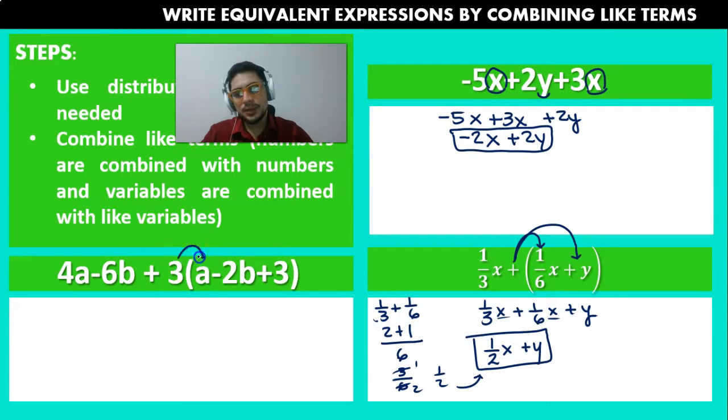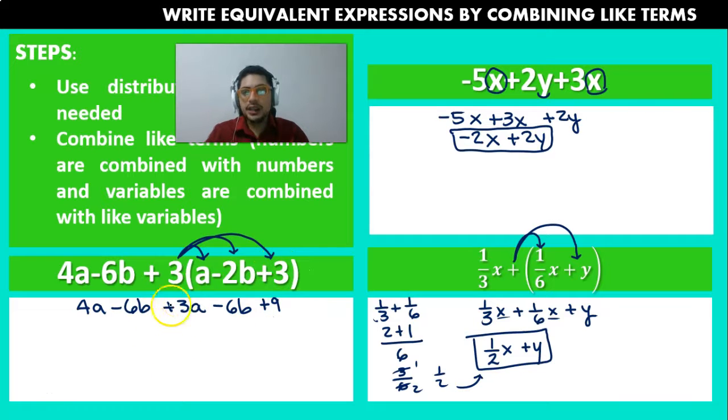So we have 3 times a, 3 times minus 2b, and 3 times 3. So we have 4a minus 6b, and then we have 3 times a, 3a. 3 times minus 2b, so plus times negative is negative. 3 times 2 is 6, and b. And then we have 3 times 3 is plus 9.